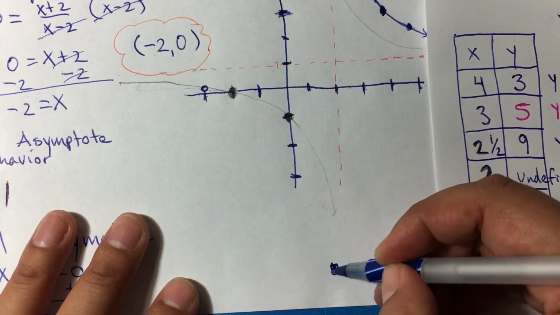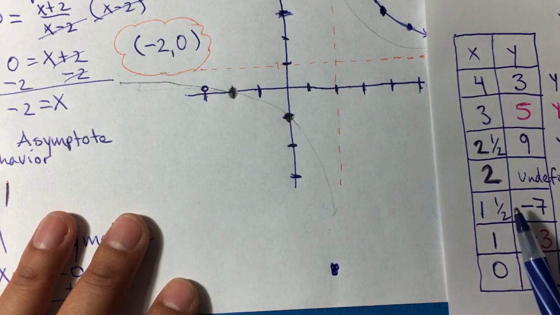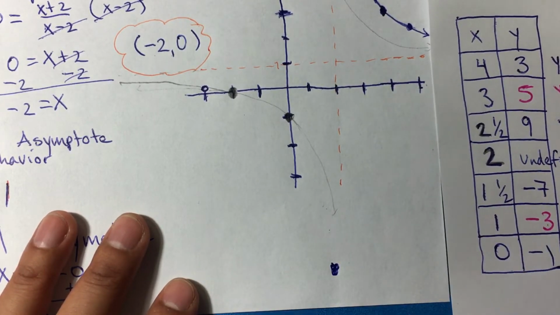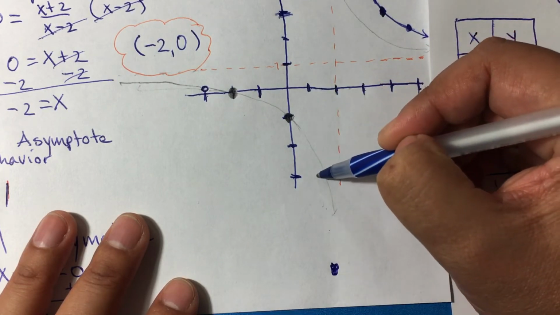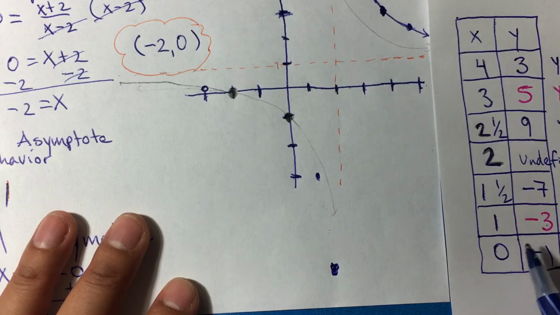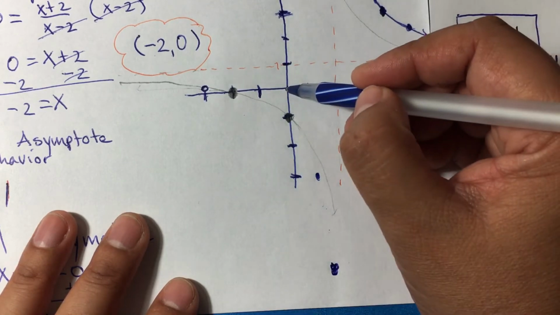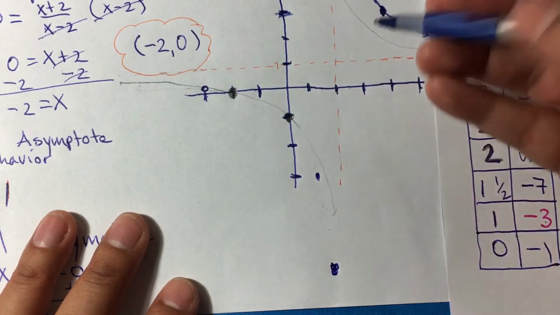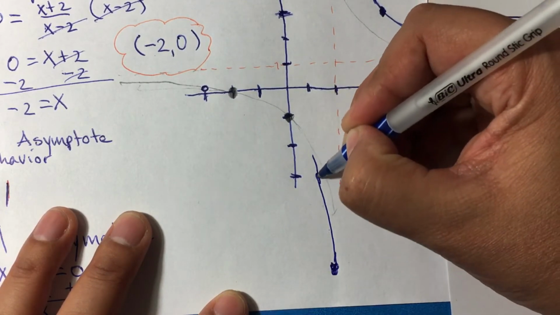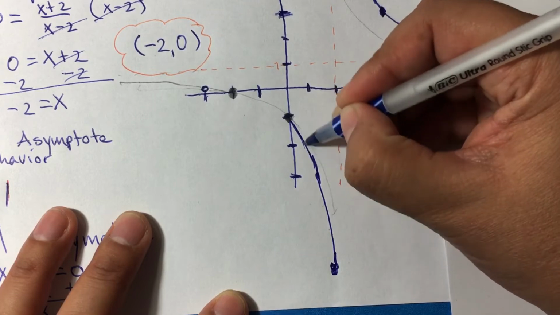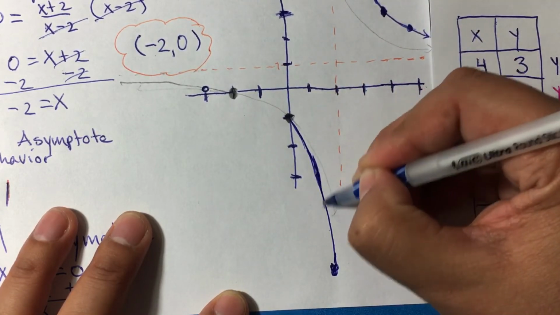The other one is at 1, -3. So 1, -3, right there. 0, -1 is right there. So my graph will actually go, for that one we were a little closer, but still a little off as well.